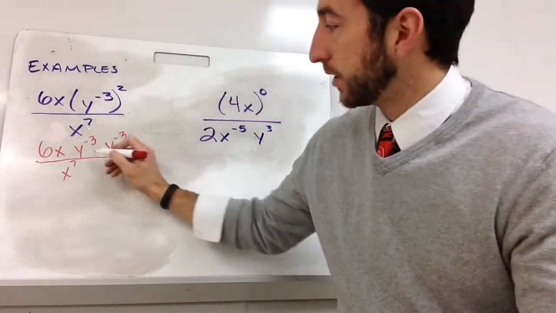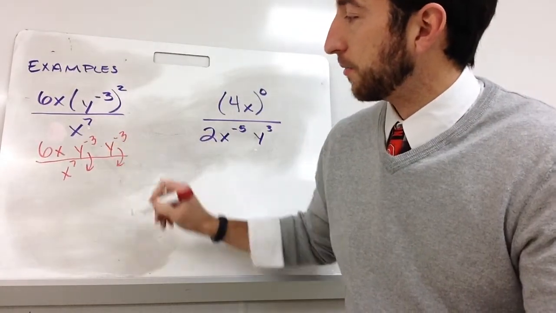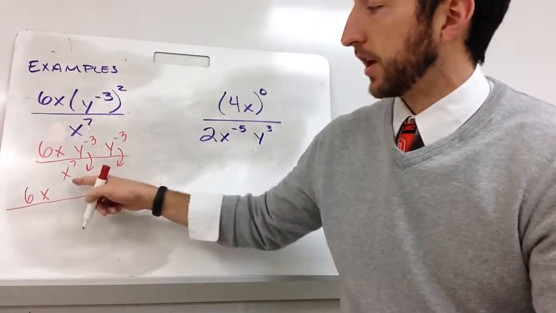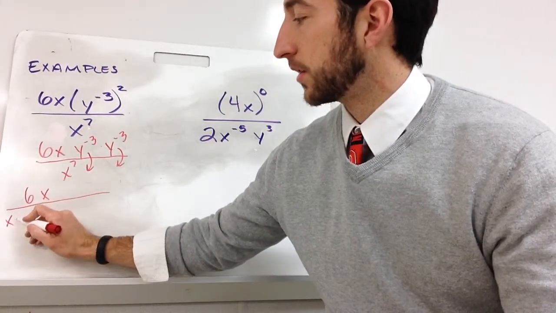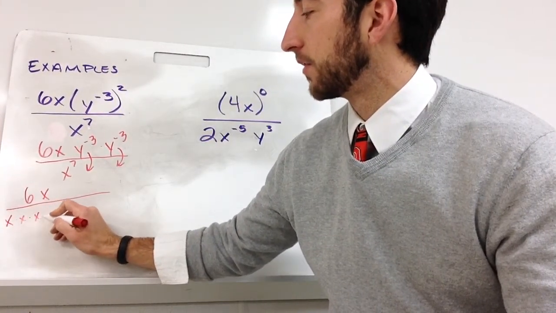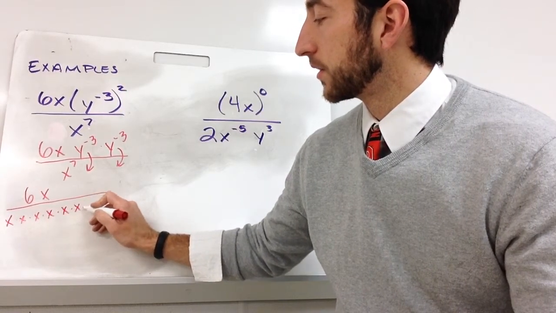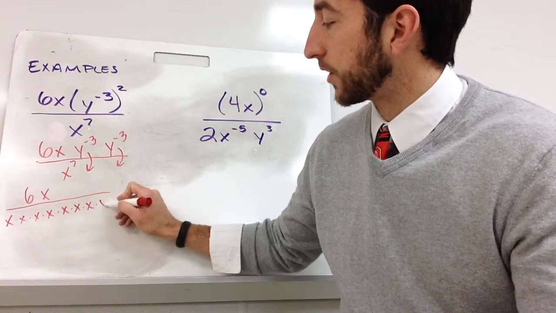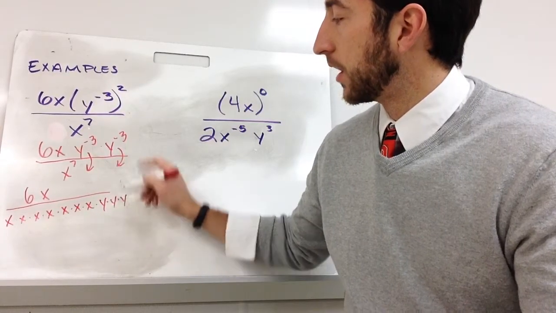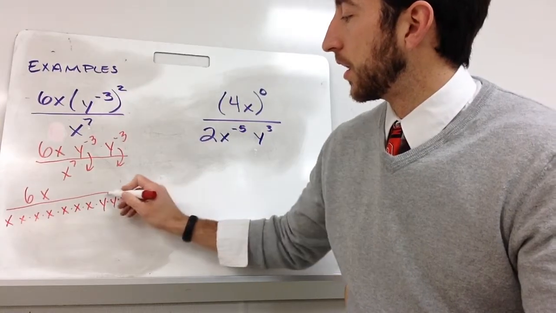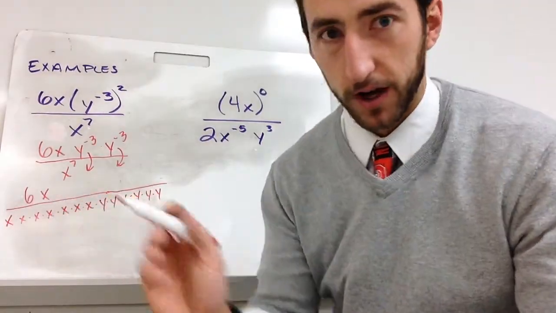Now what I want to do is move my stuff down, so I got 6x. I'm going to go ahead and multiply out my x's, save myself some time. So I got 7 of those, 4, 5, 6, 7, and I got y to the 3rd. And then I got another y to the 3rd. Alright, so then I divide out what I can.